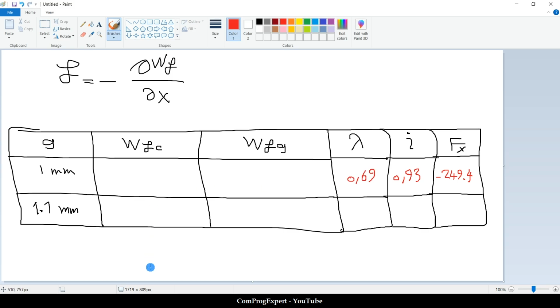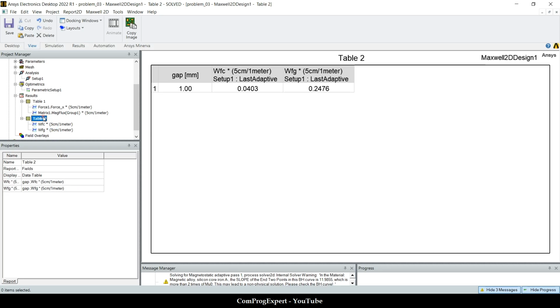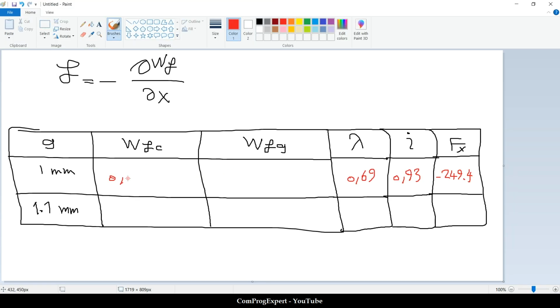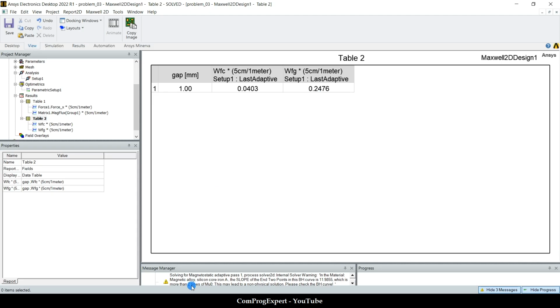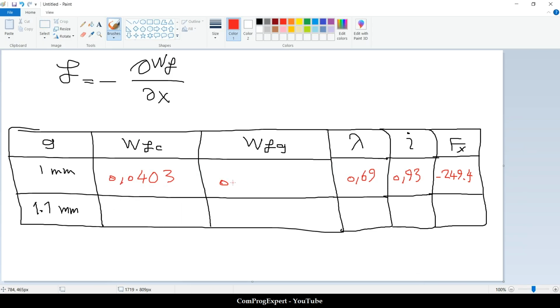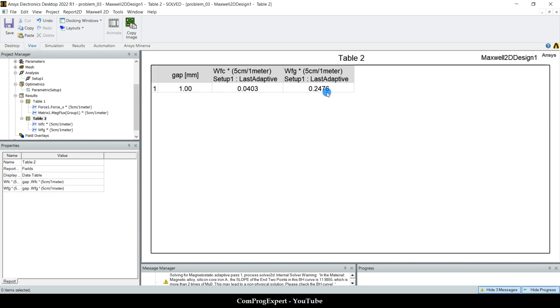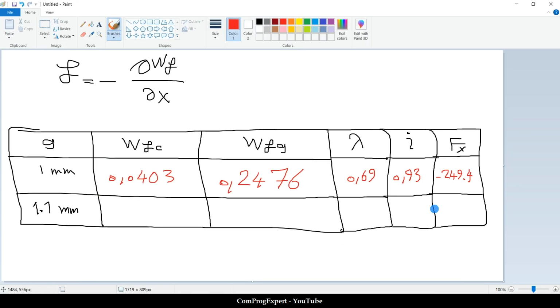The stored energy in the iron parts is 0.0403, and the stored energy in the air gap is 0.2476. Okay, this is the stored energy in the air gap.